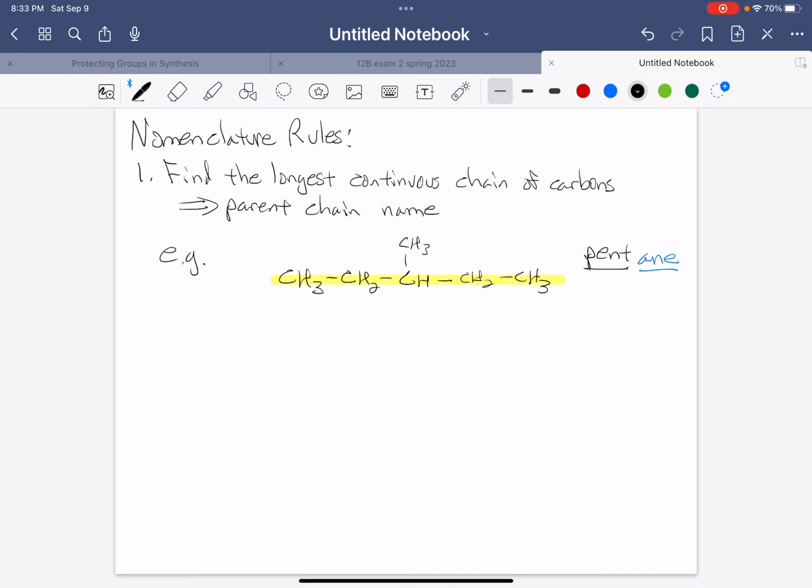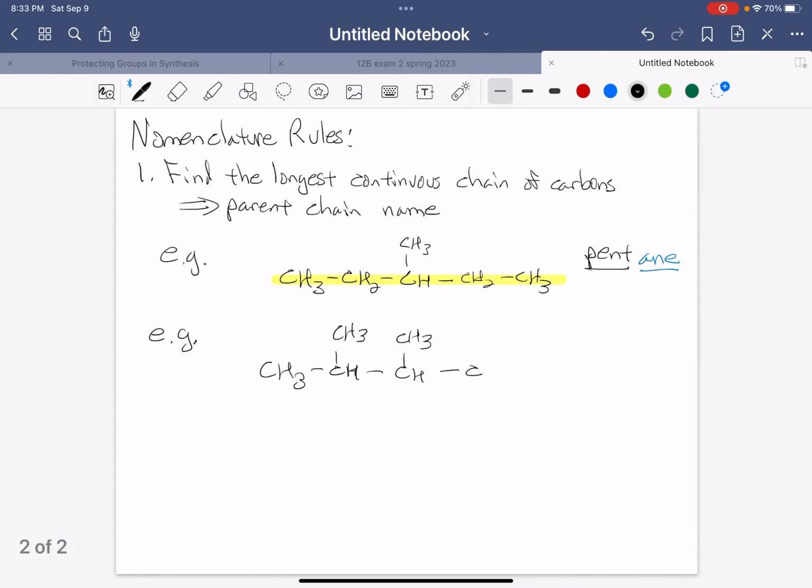Well, first of all, there's a couple of little caveats here. What if we had this? What if we had CH3, CH, CH3, CH, CH3, CH2, CH2, CH3.